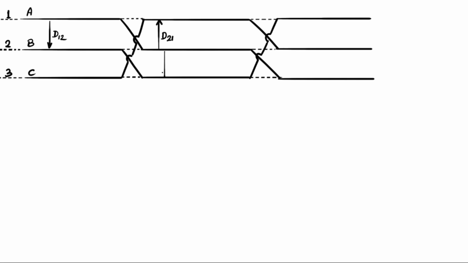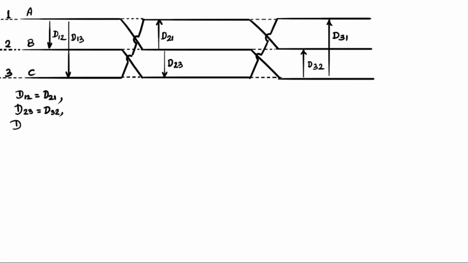Similarly, the distance from positions 2 to 3 be d23, and again, the distance from position 3 to 2 be d32. The distance from positions 1 to 3 be d13. Obviously, the distance from positions 3 to 1 be d31. Since distance is independent of direction, d12 equals d21, d23 equals d32, and d31 equals d13.